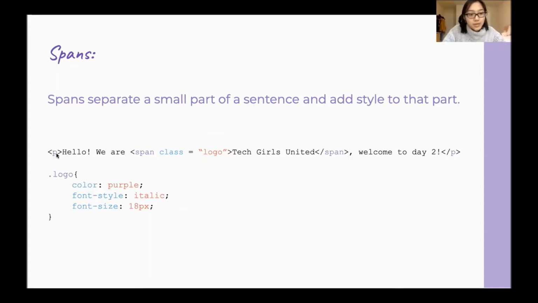So I did a paragraph tag, and then inside I want to change the word Tech Girls United into purple text with italicized font, and I want to change the font size as well. So I do a span, and I give it the class logo, and then I closed it, and still the text will show, whatever's inside the span will show. It'll just have this CSS style right here.